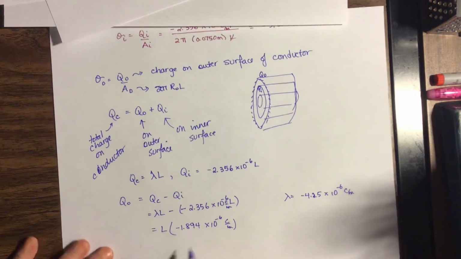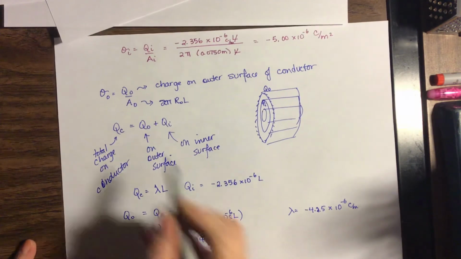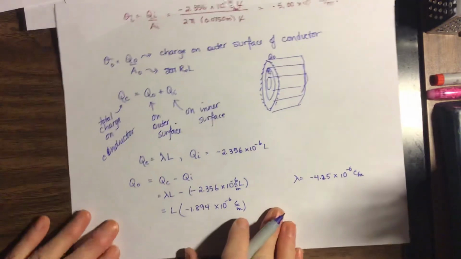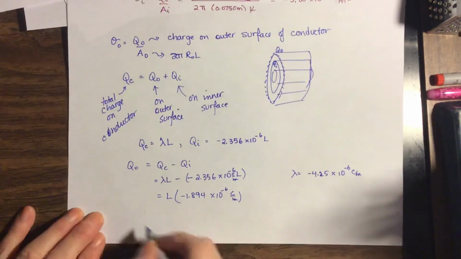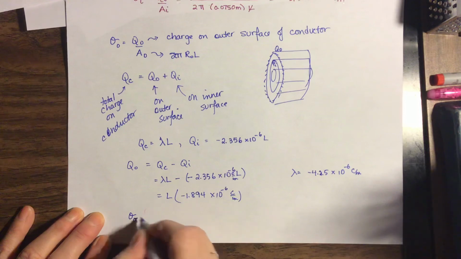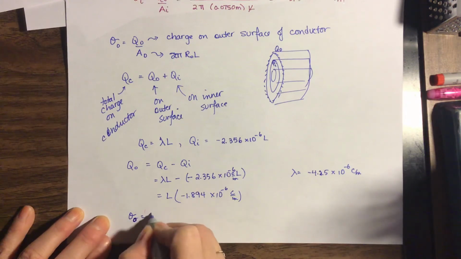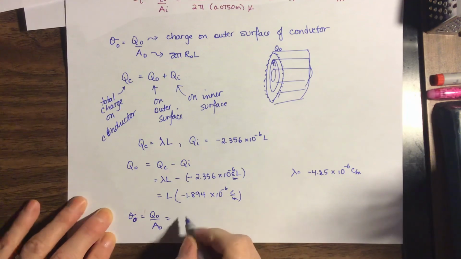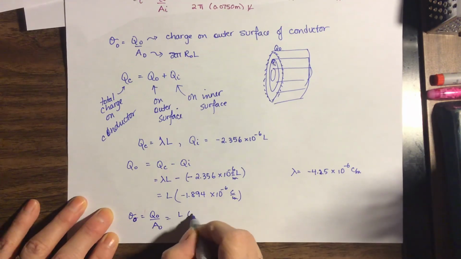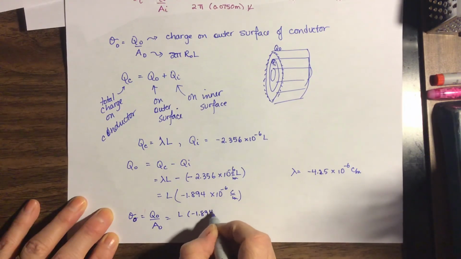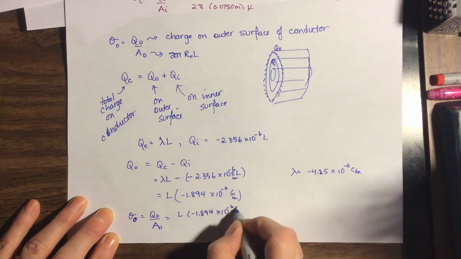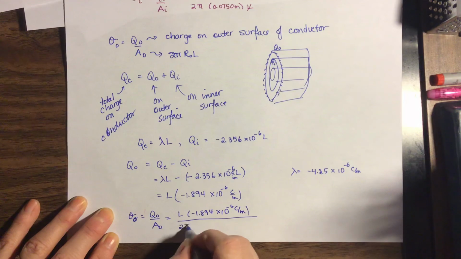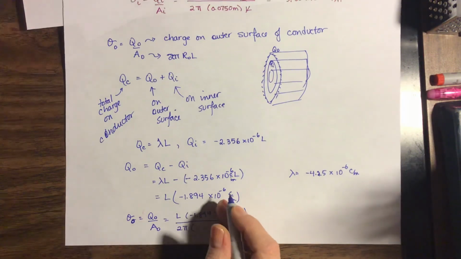Okay, so now I want to put this in for my charge, this in for my area, and then we'll have our charge density. So sigma O, our charge density on the outer surface, is the charge on the outer surface divided by the area of the outer surface. L times minus 1.894 times 10 to the minus 6 coulombs per meter divided by 2 pi times the radius.